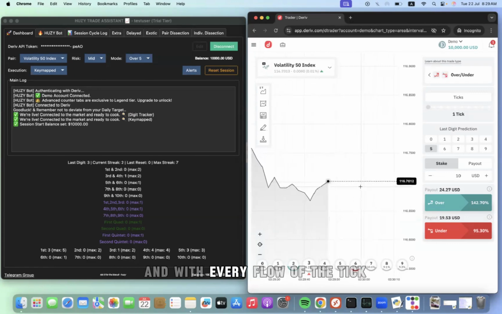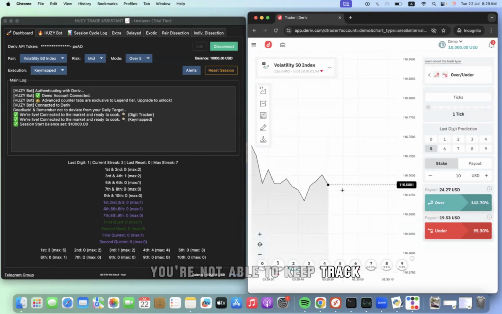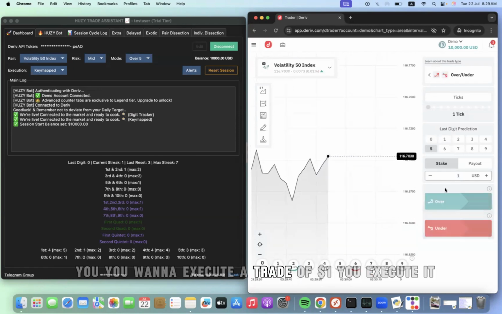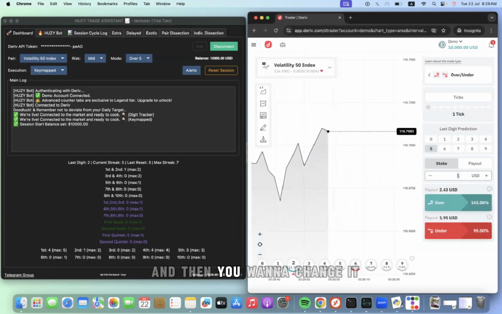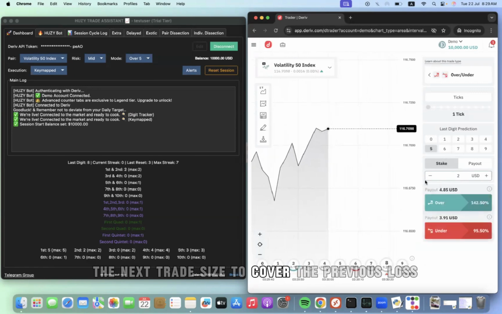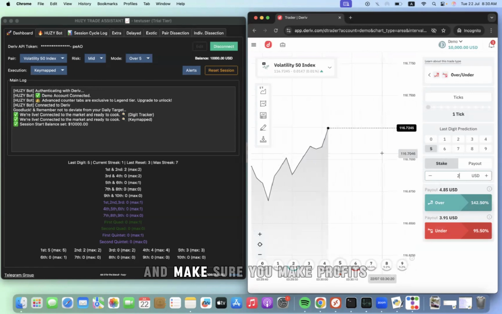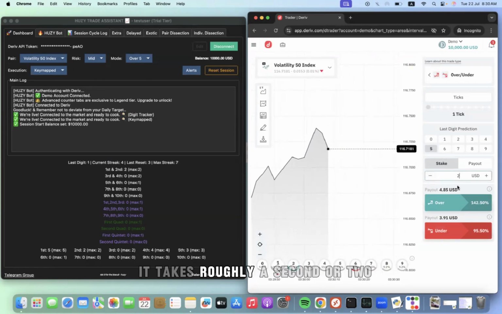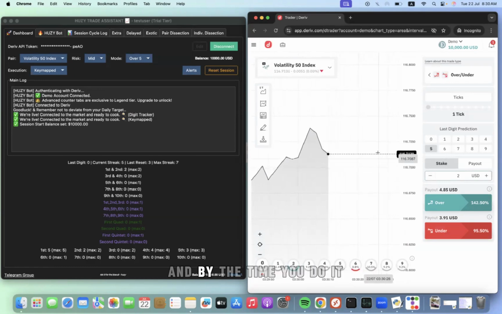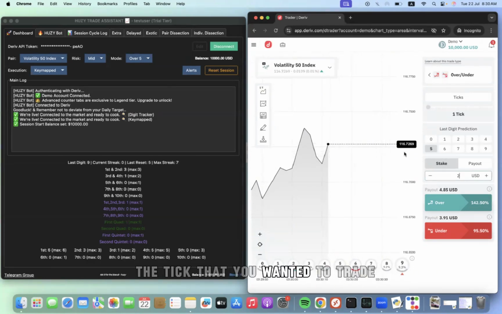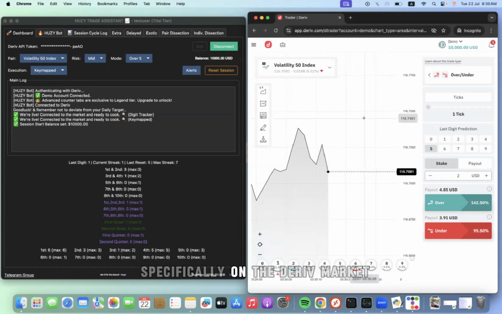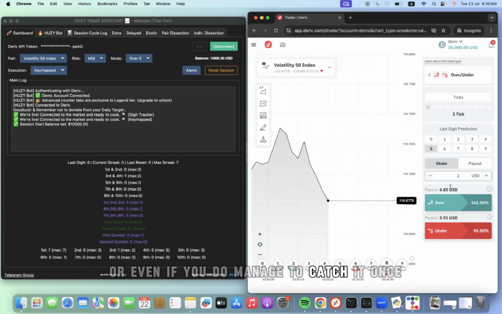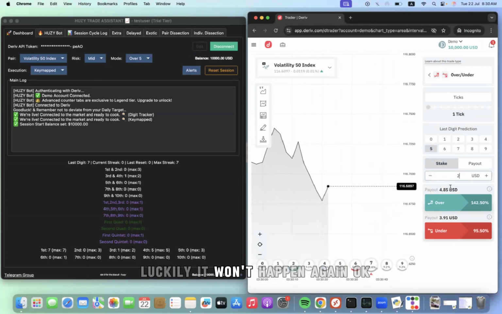With every flow of the tick, you're not able to keep track because you have to change. For example, you want to execute a trade of $1, you execute it, and then you want to change the next trade size to cover the previous loss and make sure you make profits. That takes roughly a second or two, and by the time you do it, the tick that you wanted to trade on the Deriv market passes away. Or even if you do manage to catch it once, luckily, it won't happen again.